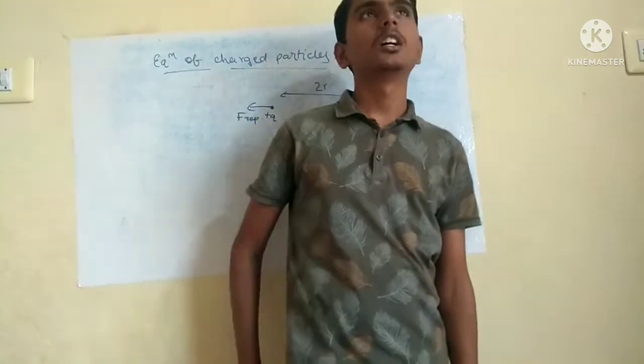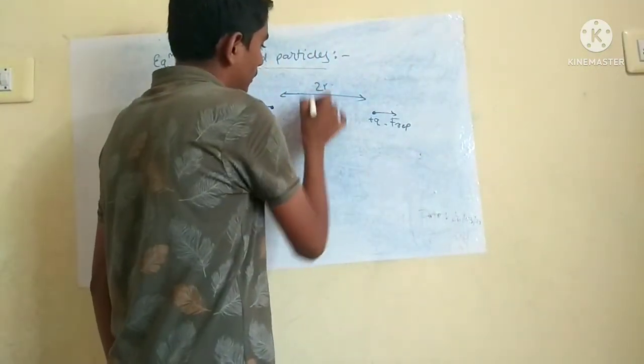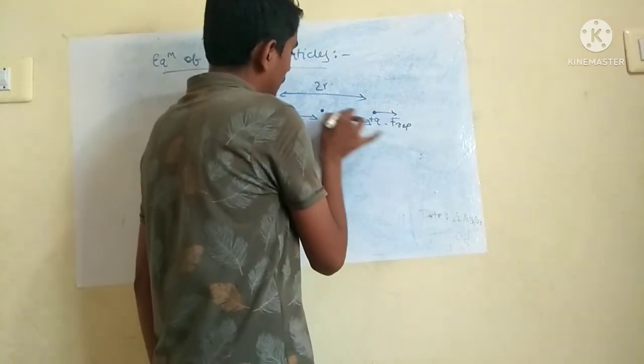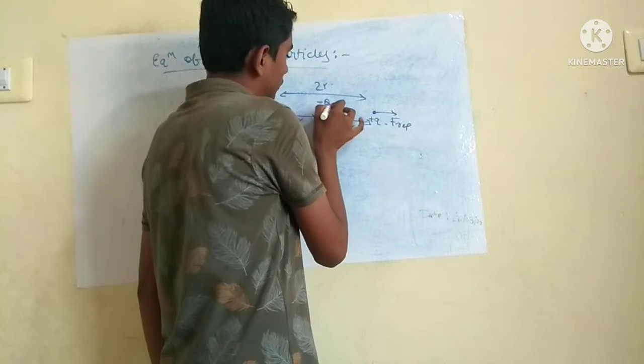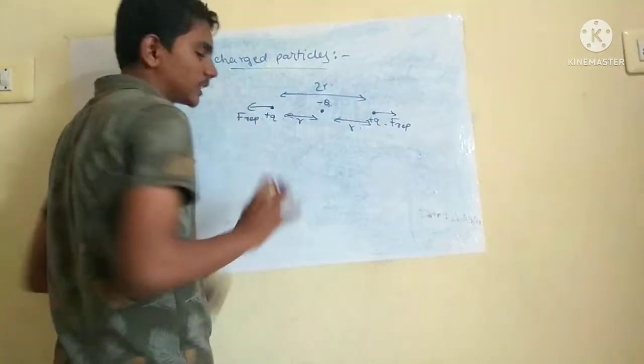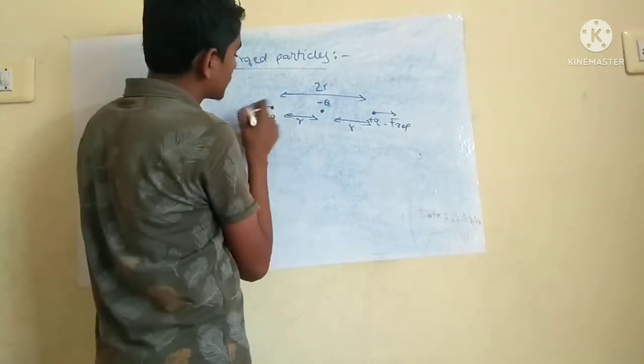I thought of something. I bring one charge here at the mid point, meaning r distance from here, r distance from here. I bring a charge -q, such that due to this charge it will experience a repulsion force.